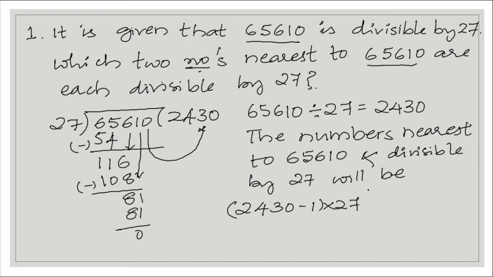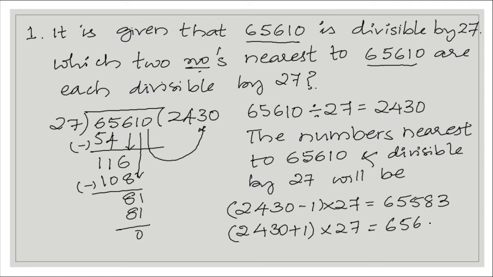Then if I multiply, I will be getting the number as 65583. This is the nearest number to 65610. The next number which is nearer will be 2430 plus 1, which gives 65637.